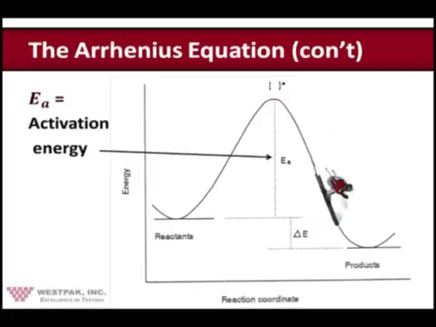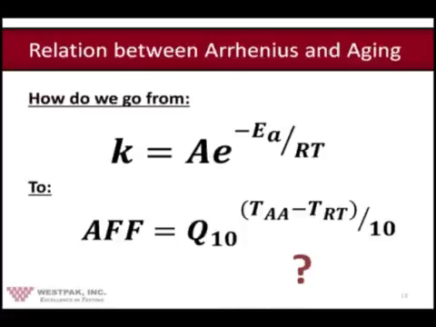And activation energy is shown in this graphic representation where you see there's a hump which molecules must travel over in order to combine in an energy state. So here are your reactants.